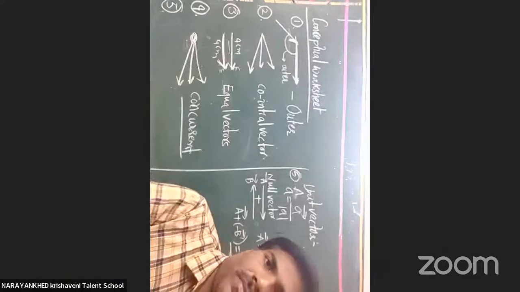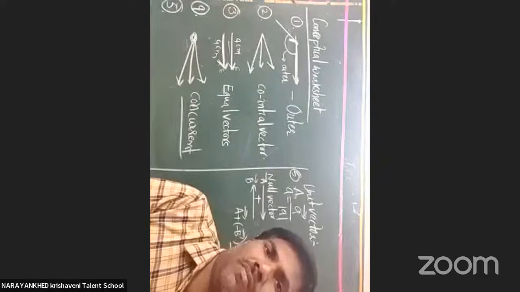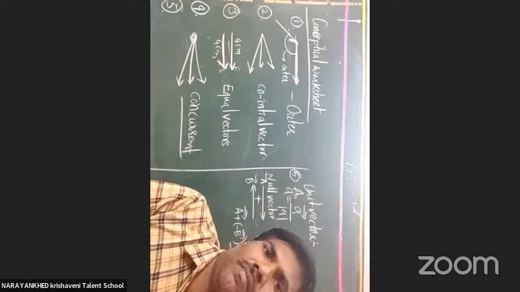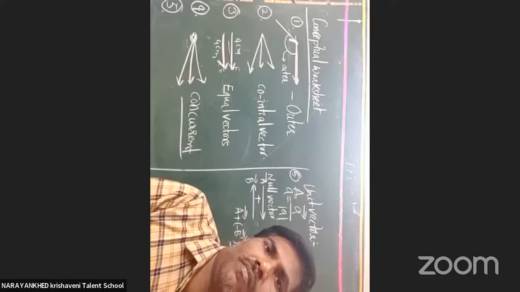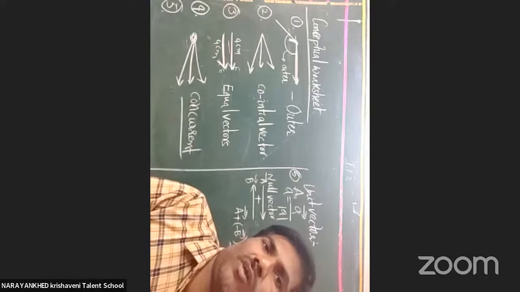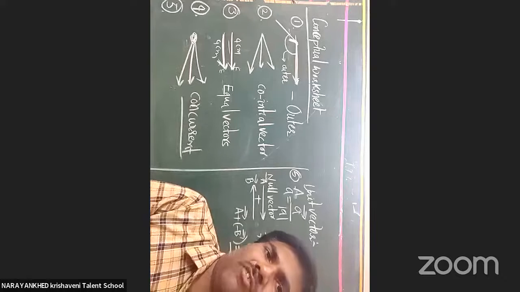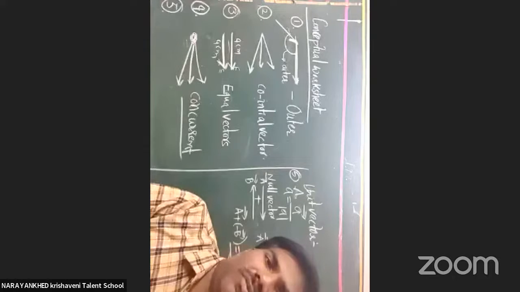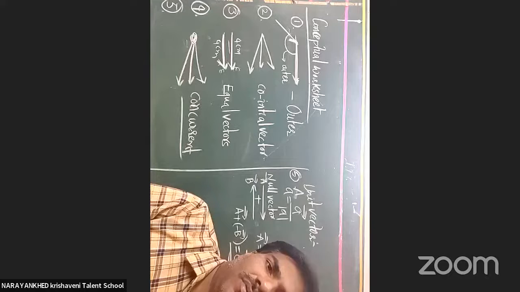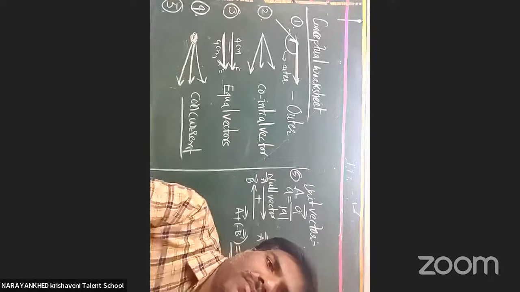Alwal branch, you have any doubts? Next, Jogipet branch, Ayappa Society, Bolakpur branch. If you have any doubts. Kapra branch.